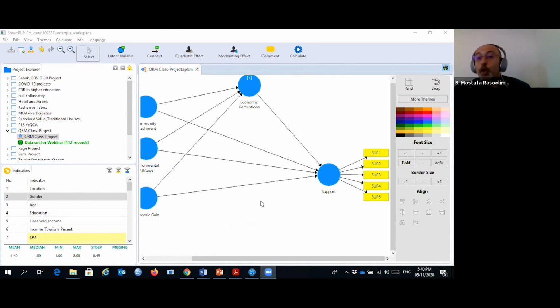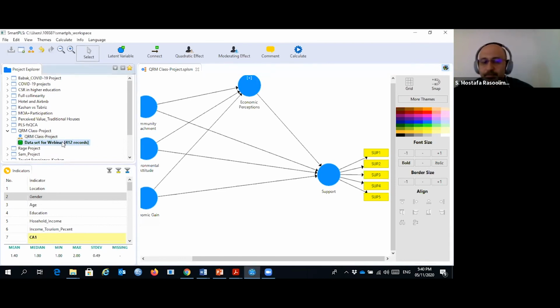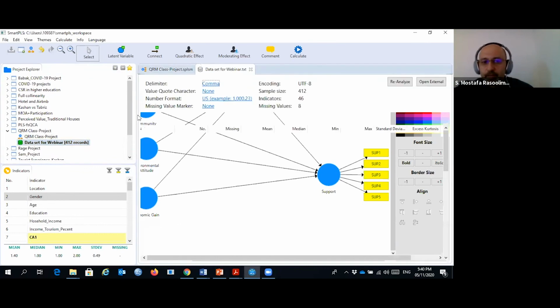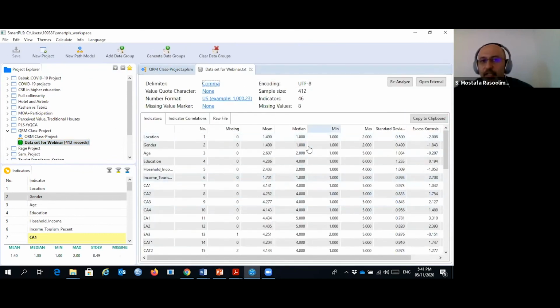Okay. So to run MGA, the first step is to split the data into two groups, male and female. How can we do it? In the SmartPLS software, if you click on your dataset, here we have some options to generate groups, to generate data groups.